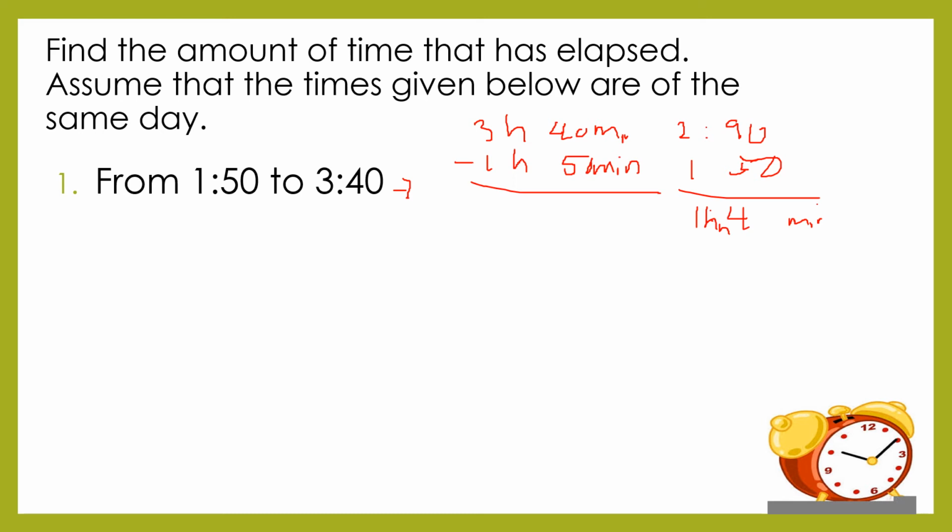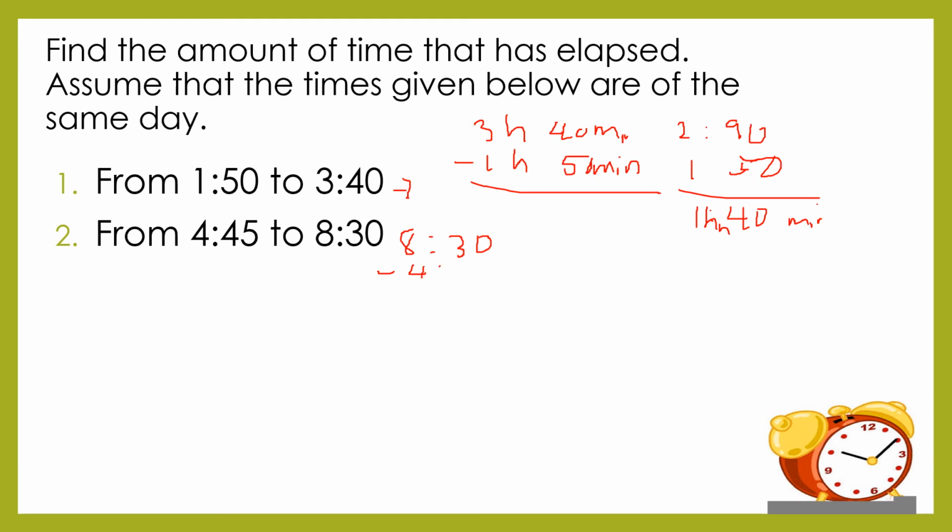Okay, so 1 hour and 40 minutes. Number 2. From 12:45 to 8:50, what is your elapsed time? Okay, so subtract 8:30 minus 4:45.